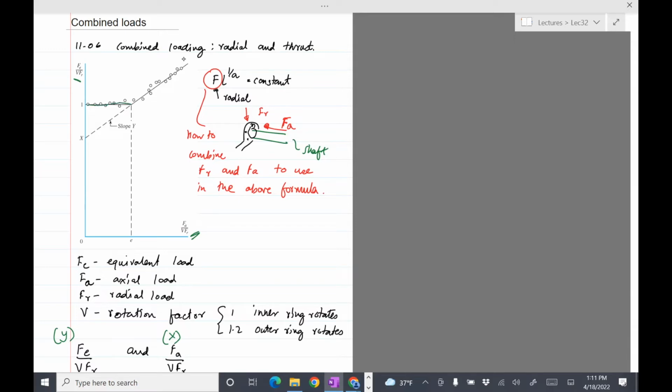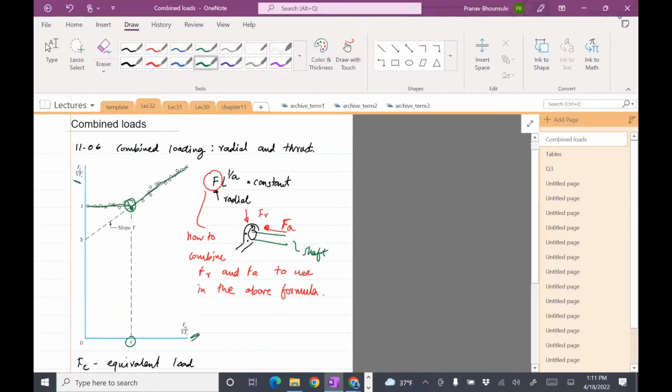Those circles are the data points, and then it slopes up. So we can explain this line, which I just drew with green, by using two equations. One equation up to this point, which is denoted by x equals e, and then beyond x equals e, you have a line with a slope.